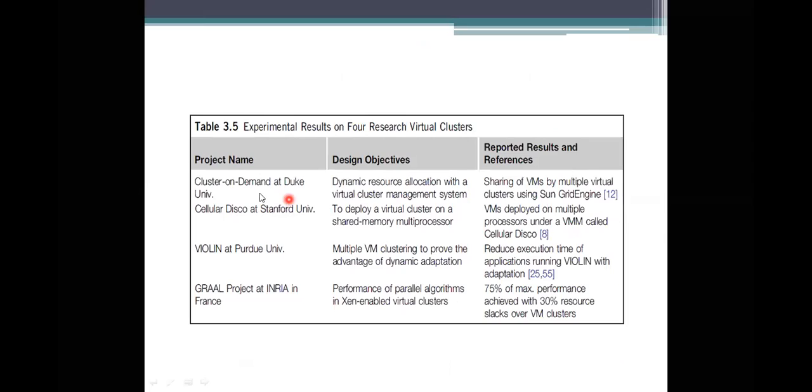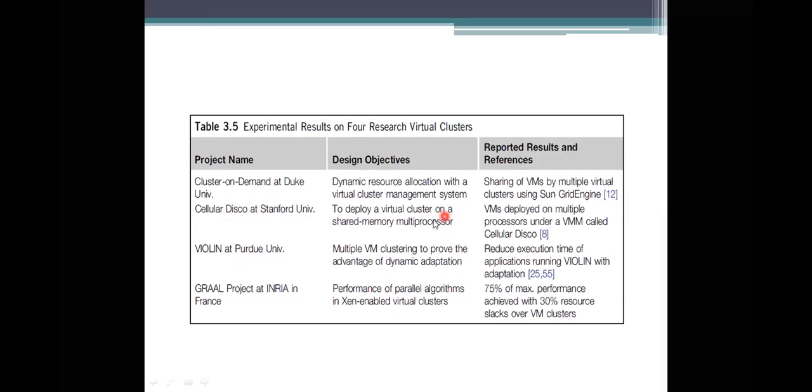We have discussed cluster on demand, and the next is violin redo. It is reducing the execution time. Why? Because it runs these systems in adaptation mode and also allows parallel execution, without having to wait for another thing to process. Along with this, there is another one, cellular disco, which was developed by Stanford University.